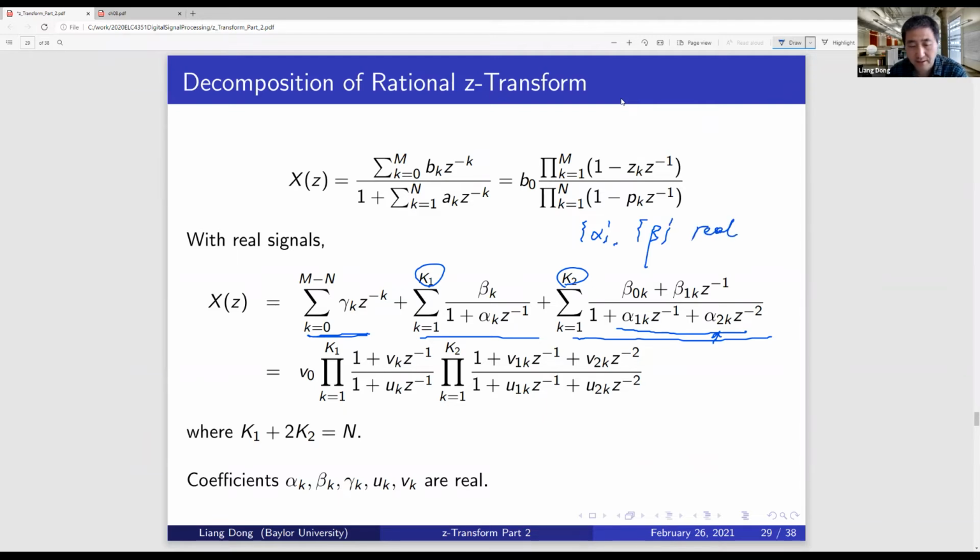So in this case, of course, K1 plus 2K2 equals n, because each term of that has 2 poles. That's the order of my system, the order of my denominator, and the number of the poles. And all these coefficients are real.